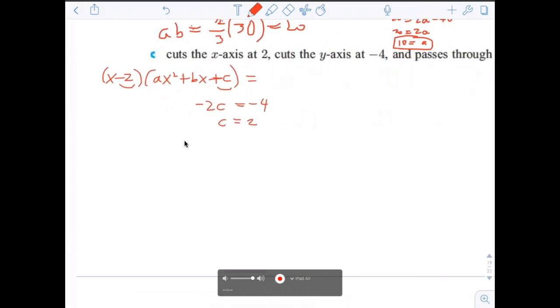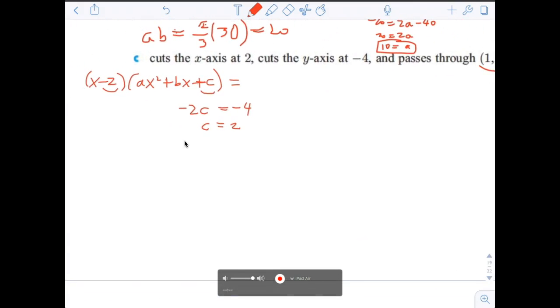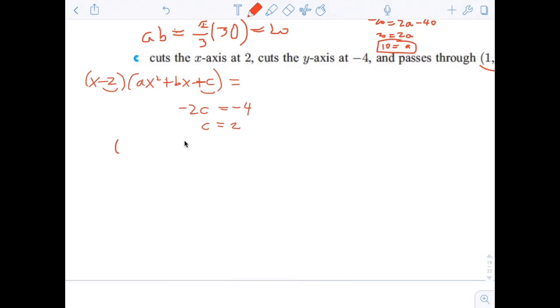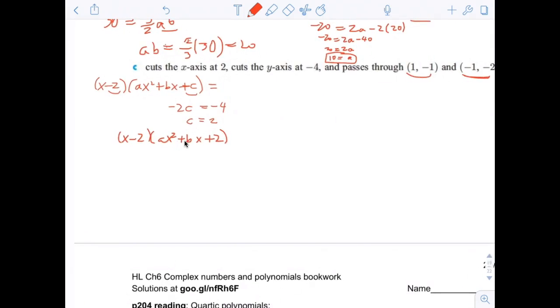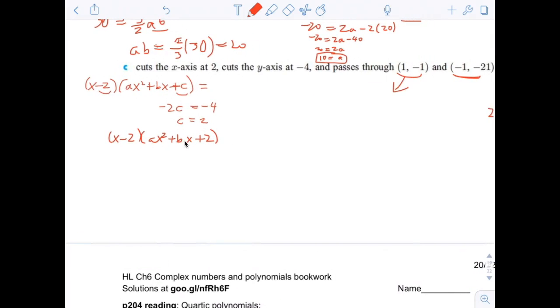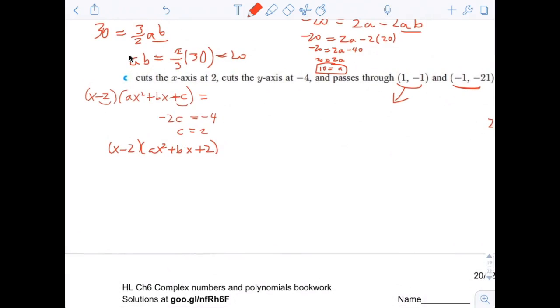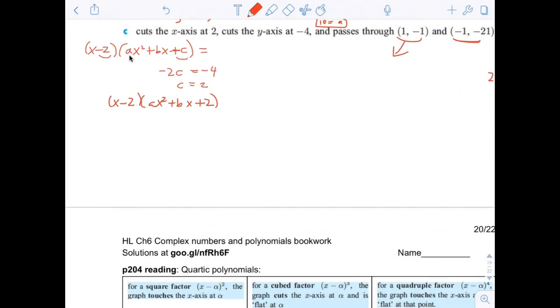Okay, so now I know that I've got x minus 2 times ax squared plus bx plus 2. And I have a couple of points that I can insert, which are 1, negative 1. So I can put x equals 1 and y equals negative 1.